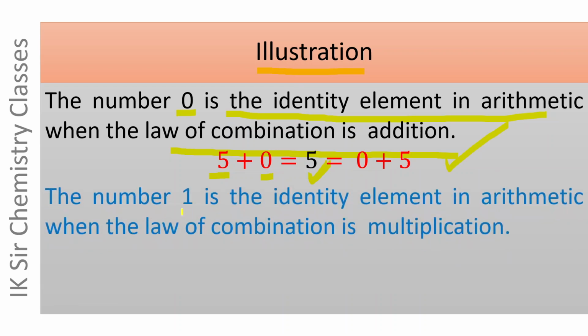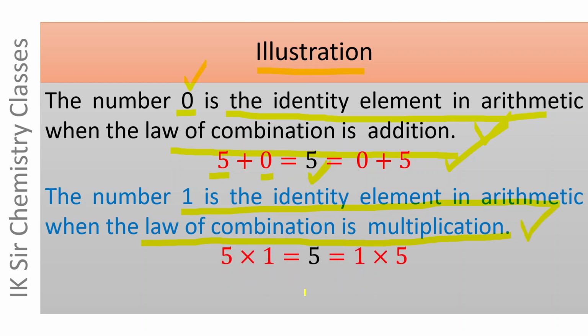The number 1 is the identity element in arithmetic when the law of combination is multiplication. Please note that in arithmetic, 0 is the identity element when the law of combination is addition, while 1 is the identity element when the law of combination is multiplication.